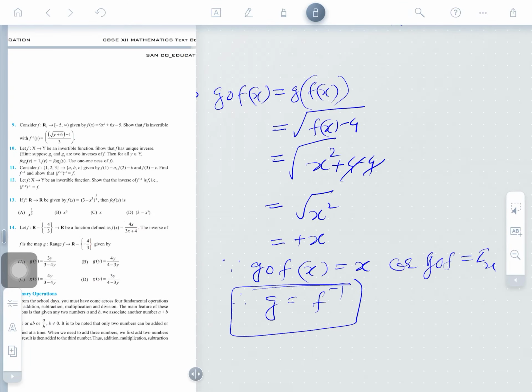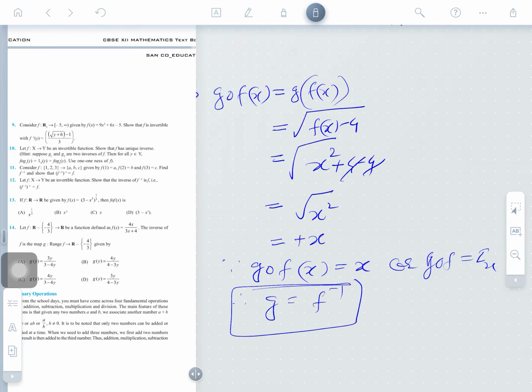I think what you will write here is the function f(x), which is 9x square minus 6x minus 5, this is the function, and another function we are supposing, you will suppose as y. So y is the function of x, so you can find out x as the function of y.